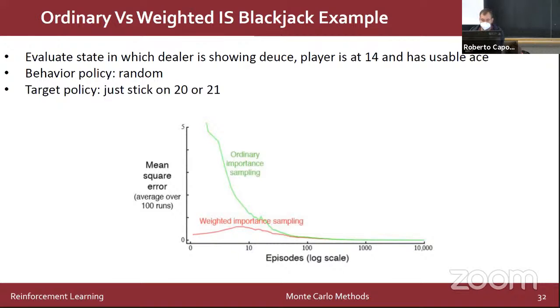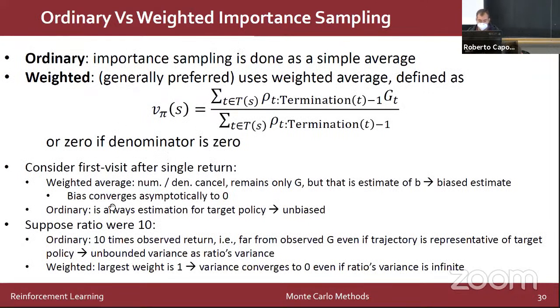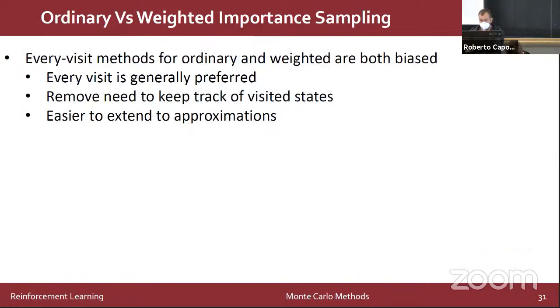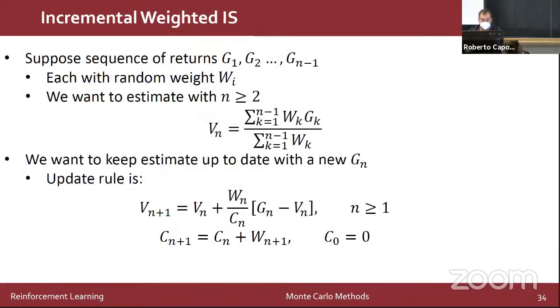This is because in the case of weighted importance sampling ratios, you typically are more biased, but your variance is typically smaller. This is some other example.